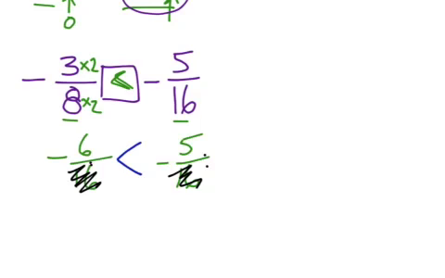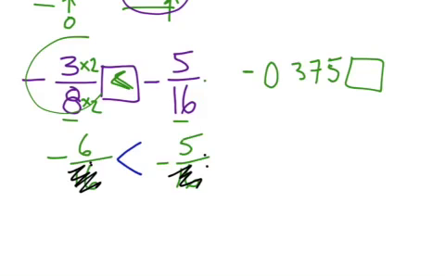Another way to solve a question like this, and actually I prefer sometimes, is to convert the fractions to decimals. So for this one on the left, I would grab a calculator, do 3 divided by 8, and I would get 0.375, but there's still a negative sign in front.